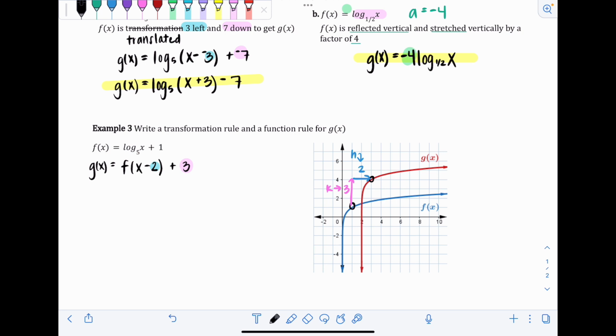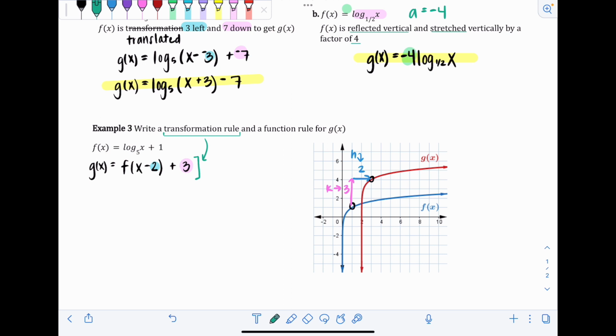That means that g of x is f of x translated right 2 and up 3. To get from our blue line to our red line, we have to go right 2 and then up 3, or vice versa. The order doesn't really matter with the translations. But this is going to be our transformation rule, just writing what the transformations are into f of x and not worrying so much about what the original function is yet.